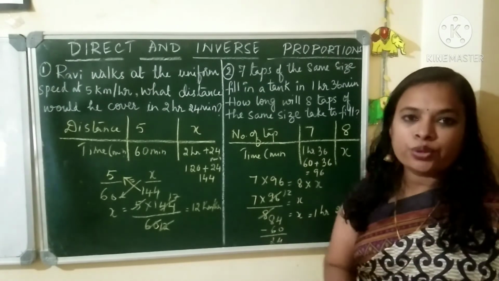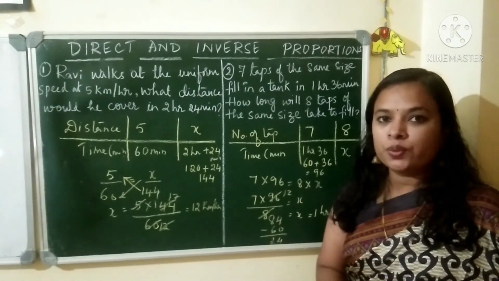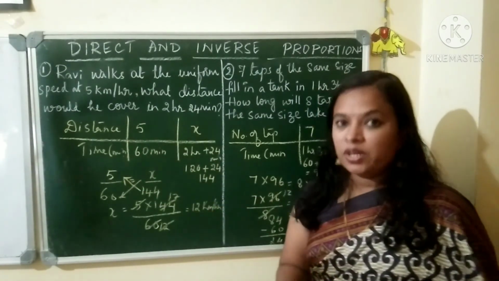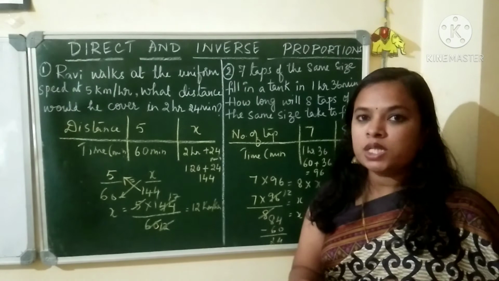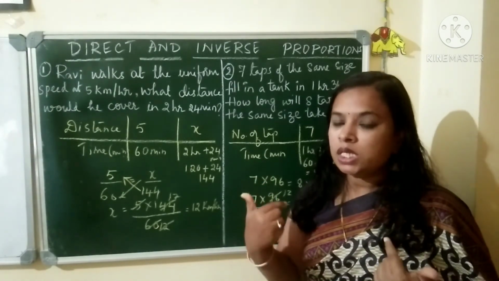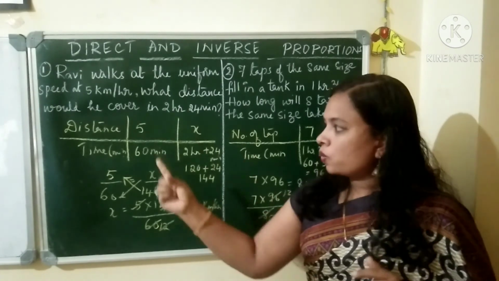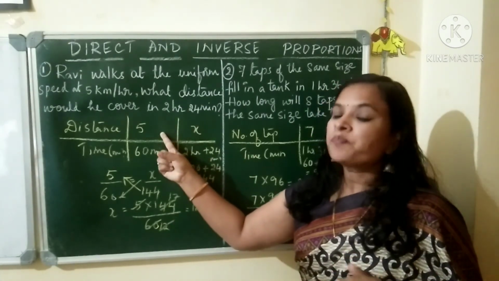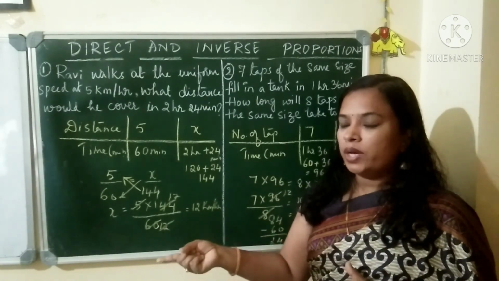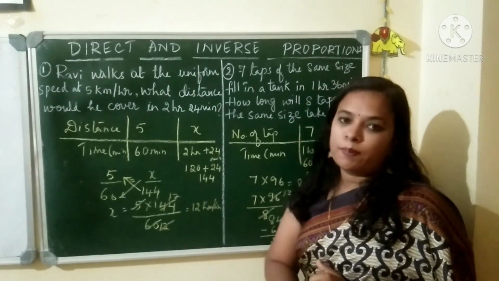So whenever you read a question, any question you read, what you have to do first? Draw the tabular column. Find out which are the quantities you need to compare and analyze which quantity is increasing. If one quantity is increasing and this will create an increase in the other quantity, then it is direct proportion.